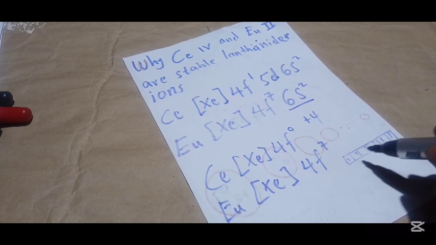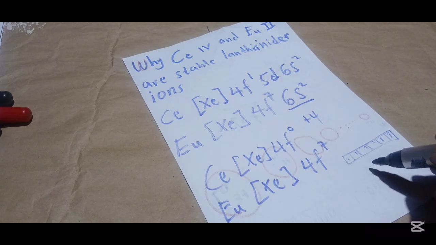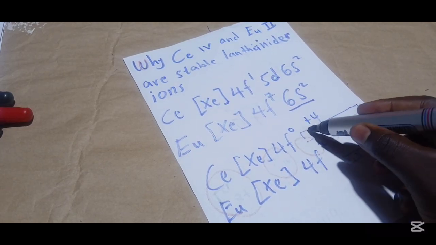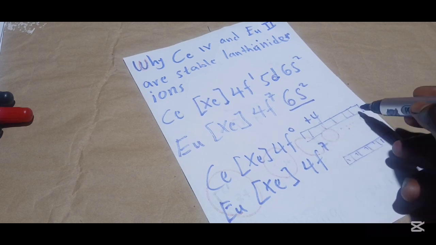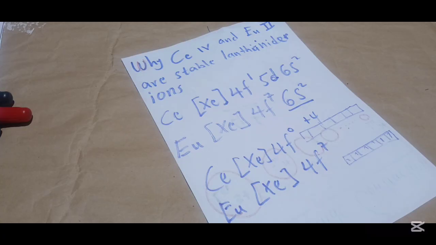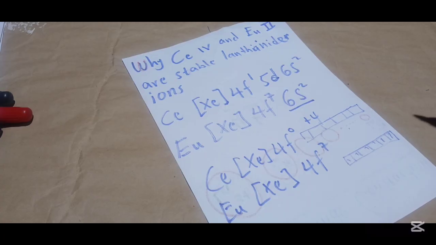So this gives it extra stability. And here too, we have the 4f orbital with no electrons. So this also increases its stability. So the reason why cerium 4+ and europium 2+ are stable lanthanide ions is their electronic configuration, specifically the half-filled and empty 4f orbitals.